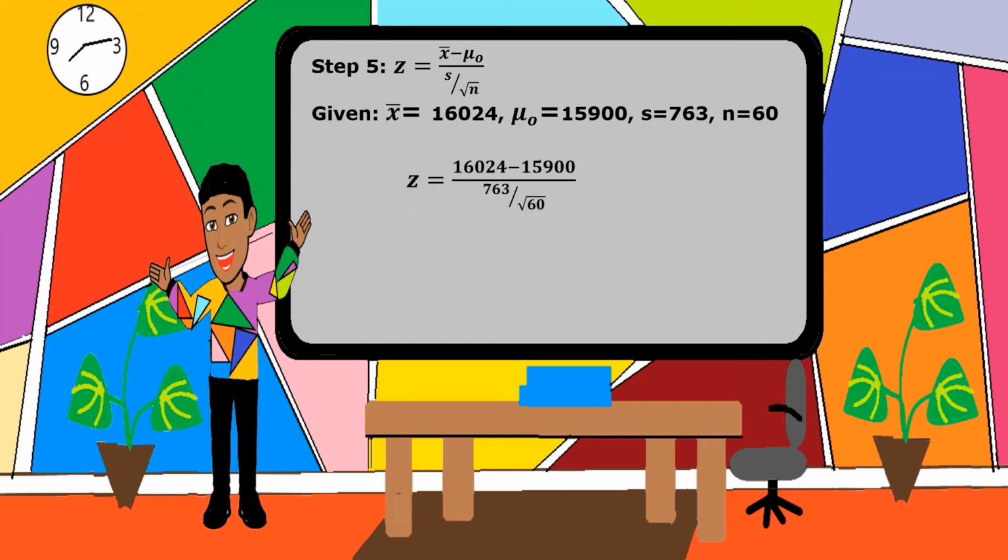So z is equal to, substitute the values, 16,024 minus 15,900 all over 763 divided by the square root of 60.